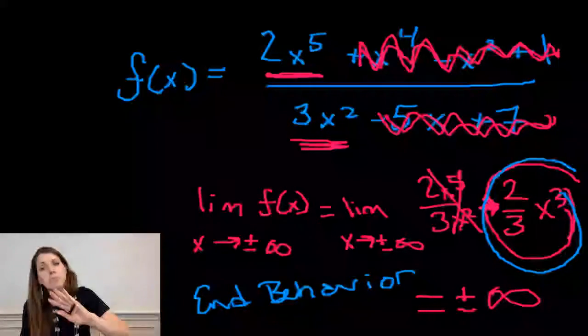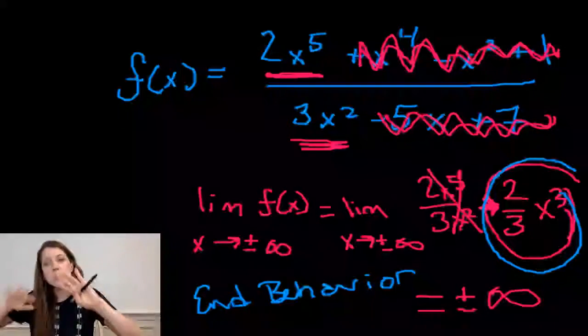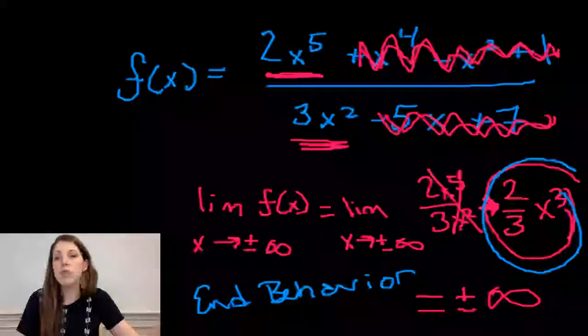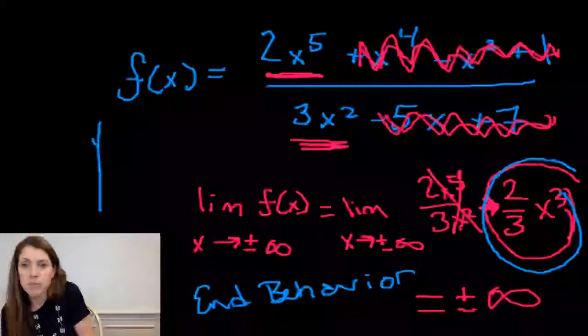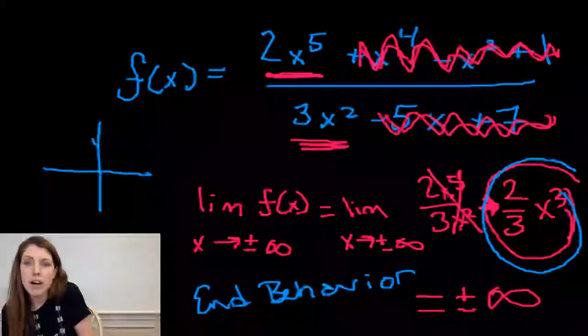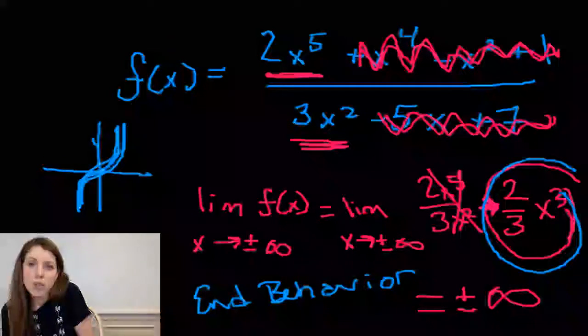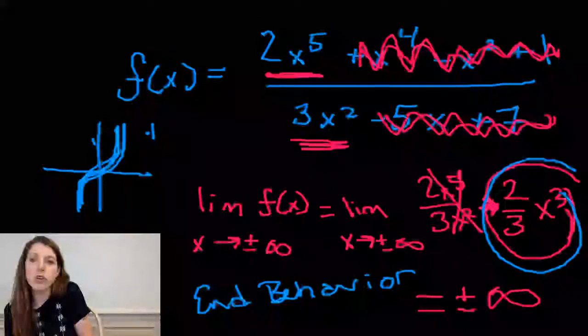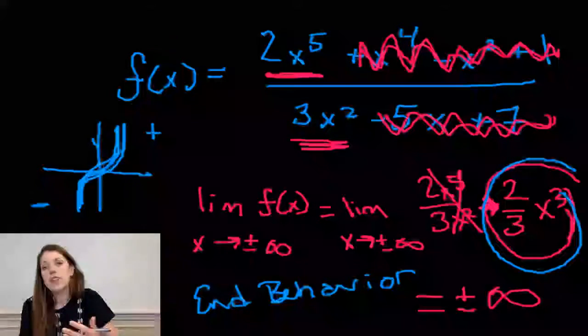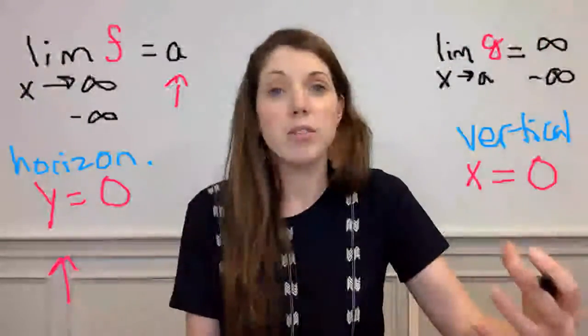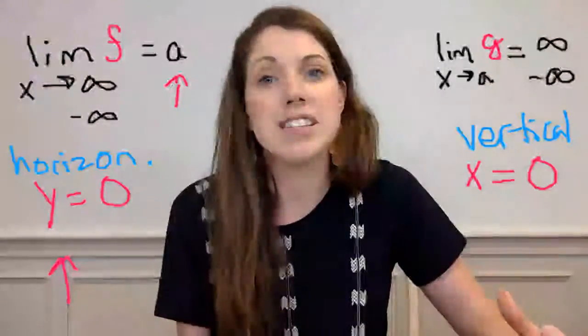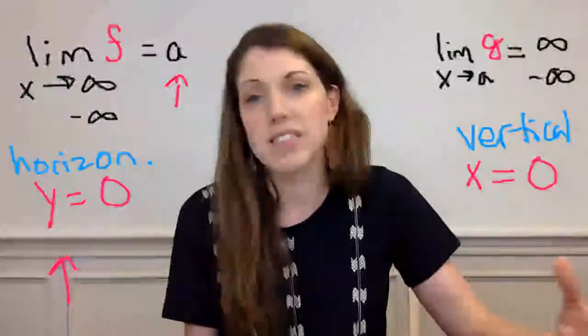That function, as it moves outward, is going to behave roughly like the graph of 2/3 x cubed, which, if you remember from pre-calc and algebra, x cubed looks like this, right? So the end behavior is going to turn into positive infinity as it moves right and negative infinity as it moves left. And so, no, we didn't find an asymptote, but we did find an accurate, simplified model representation of how this function behaves. In this case, it was 2/3 x cubed.